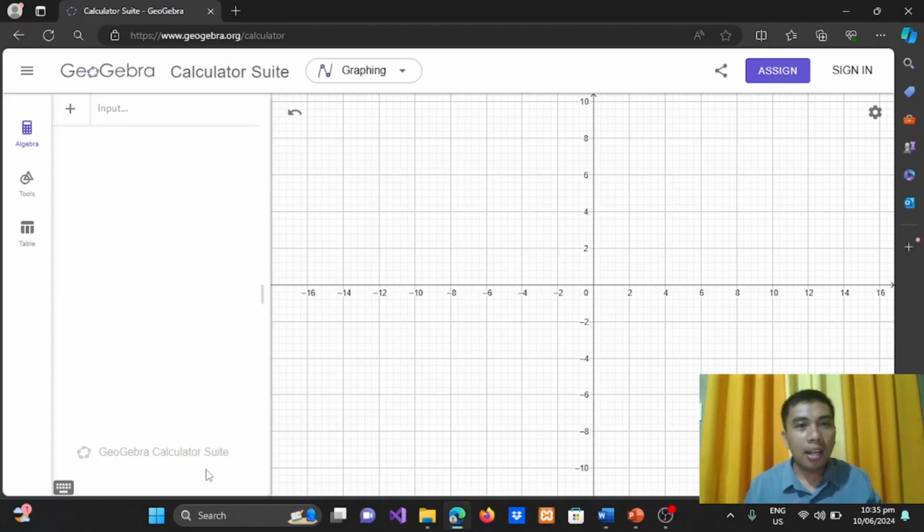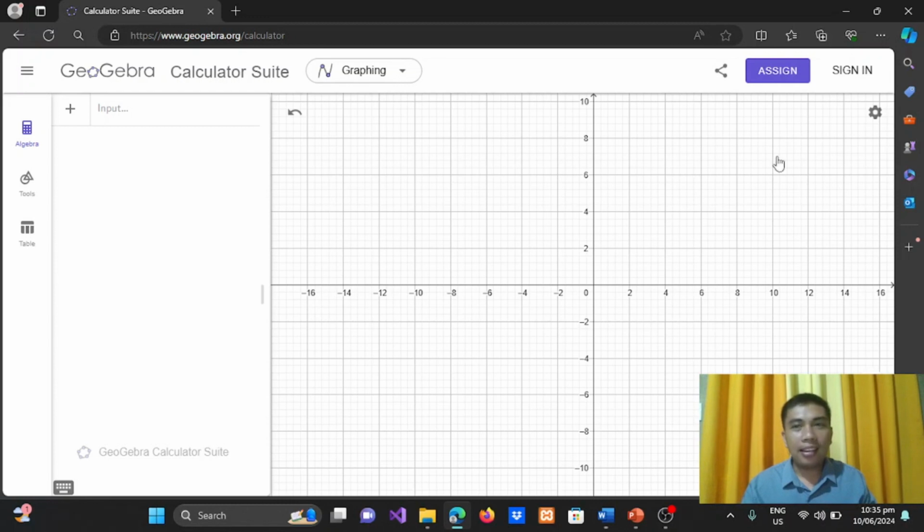Okay, everyone, look at here now. This is now GeoGebra. This is what GeoGebra looks like. And in this one, this is the coordinate plane. You have there the vertical axis from 10 to negative 10, and you also have there the horizontal axis 16 and negative 16.